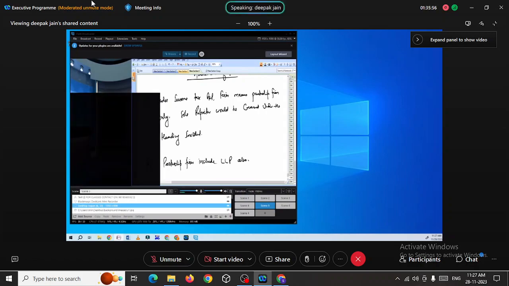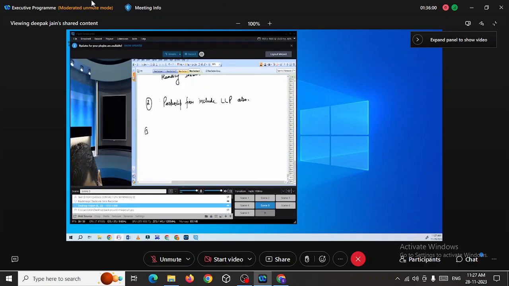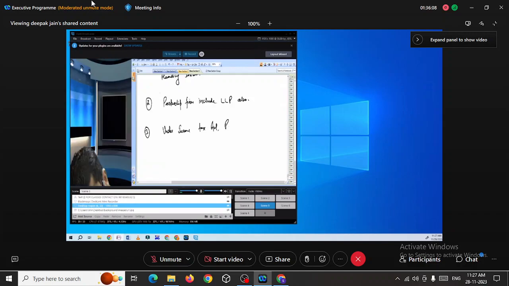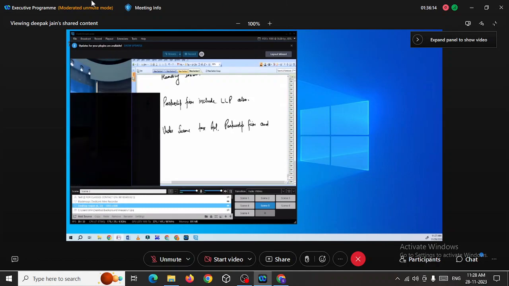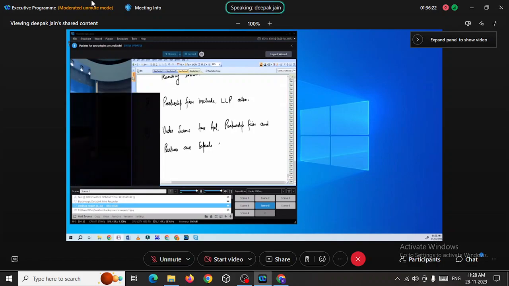Next, under Income Tax Act, partnership firm and partners are separate assessee.